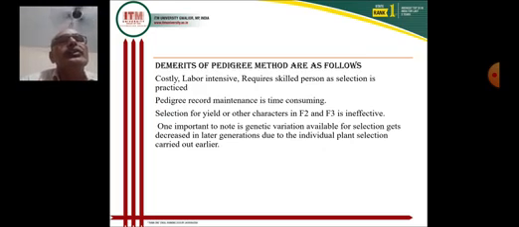Now demerits of pedigree method are as under. It is costly, labor intensive, require a skilled person as selection is practiced. Pedigree record maintenance is time consuming.